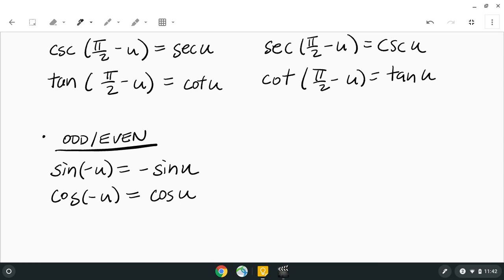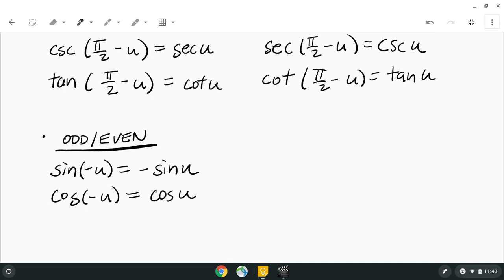Let's say cosine pi over 6 versus cosine negative pi over 6. Okay, cosine pi over 6 lands in quadrant 1. Cosine negative pi over 6 lands in quadrant 4. Okay, and in both those quadrants, the x value is positive. So that's why cosine of negative u is going to be the same as cosine of positive u.